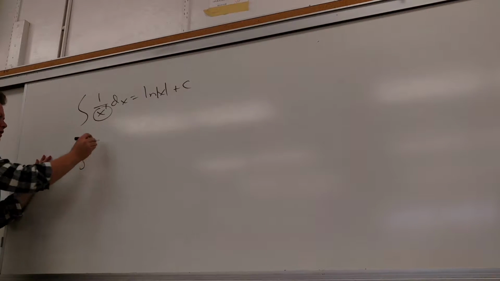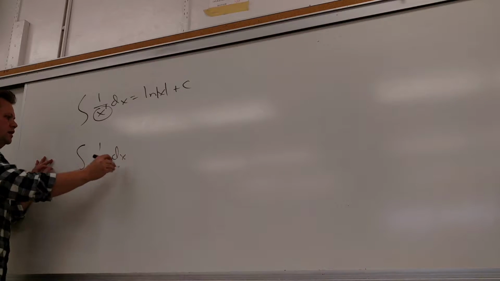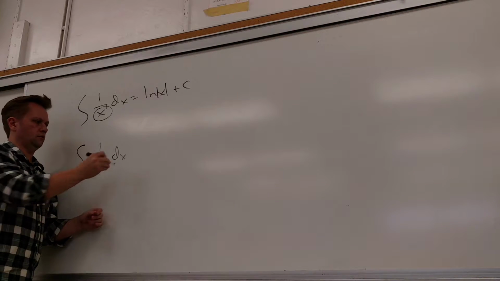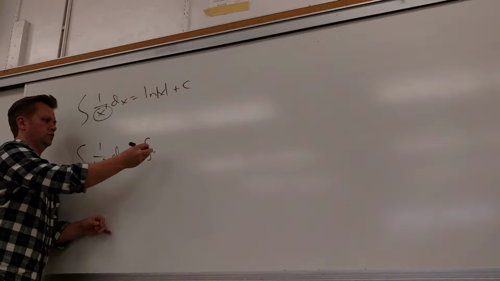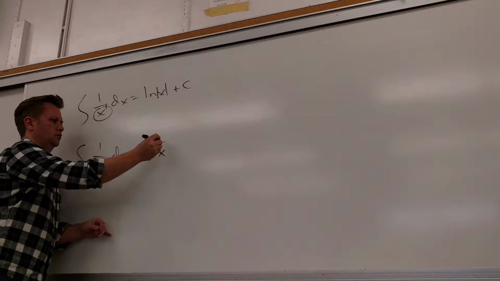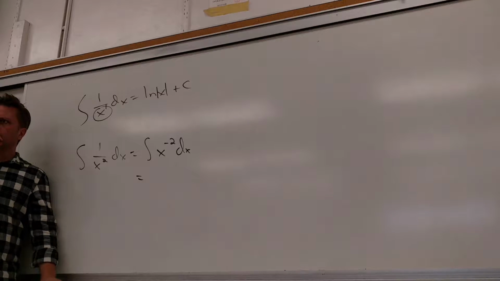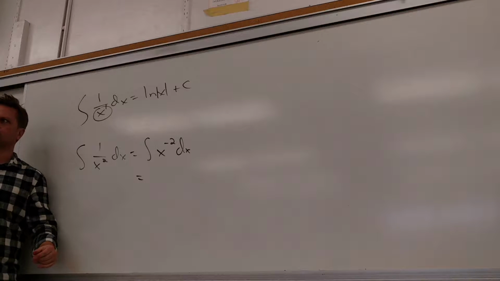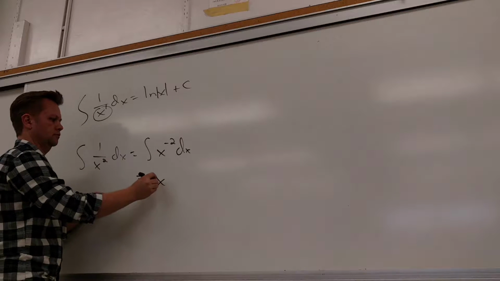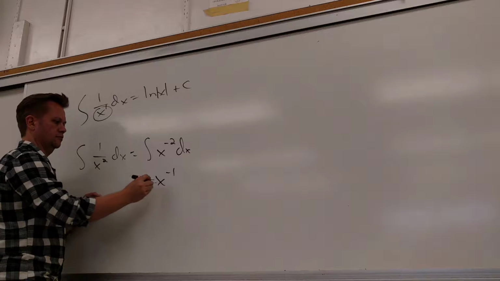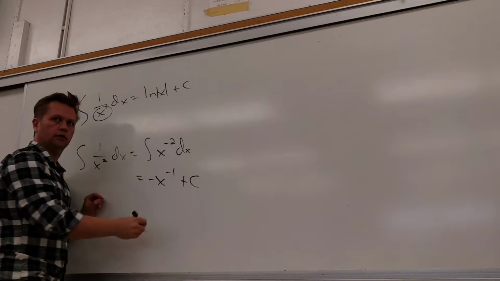In fact, what would this be? This is not ln. How would I write that so it's easier to look at? x to the -2. Yeah, now I can just use the rule, right? What's the rule say? Add 1, and divide by the new power.